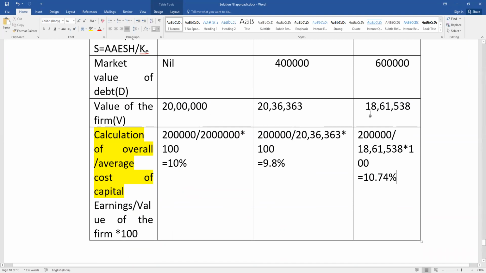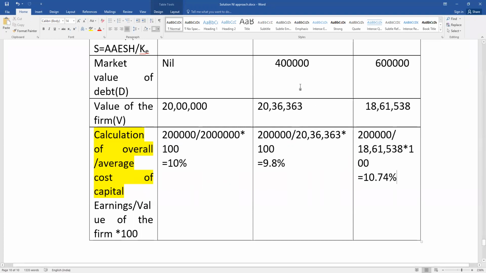Am I making sense? The value of the firm increases only up to a certain level of debt. Why? Because a capital structure above or below this would increase your overall cost of capital or average cost of capital. This is what they said. Yes or no? Yes, ma'am.